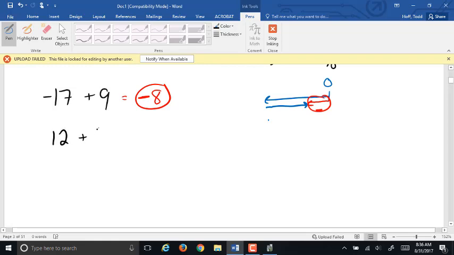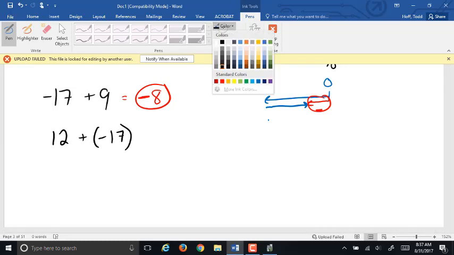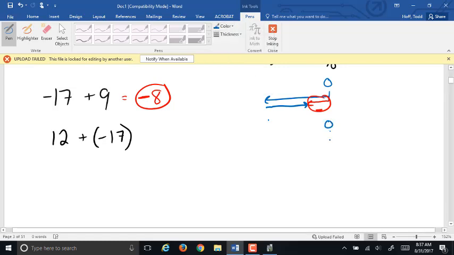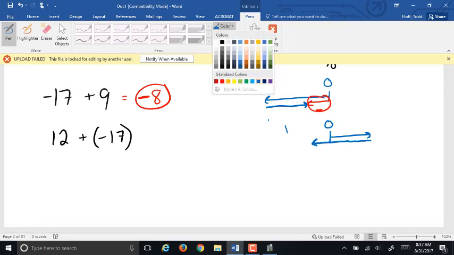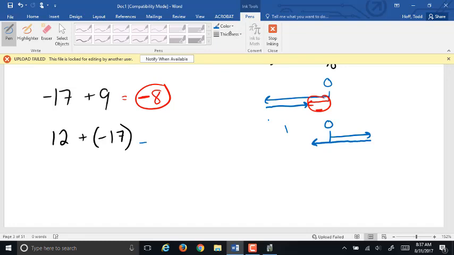I might have 12 plus a negative 17. So now from 0, I have the 12 here. That goes in the positive direction. Negative 17, does it go in the same direction or the opposite direction? Opposite. Shorter or longer? Longer. So it's going to go past 0. So this picture is also telling me that we're on the negative side of 0.